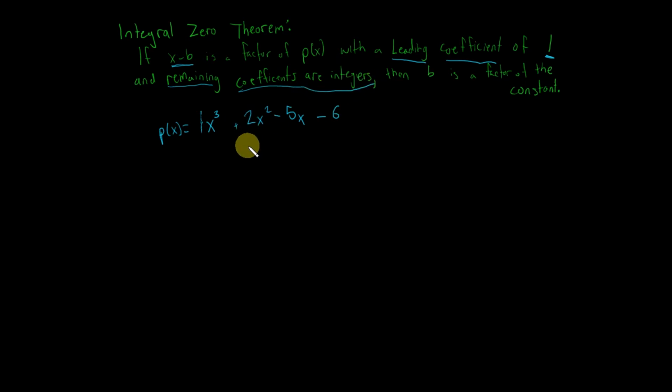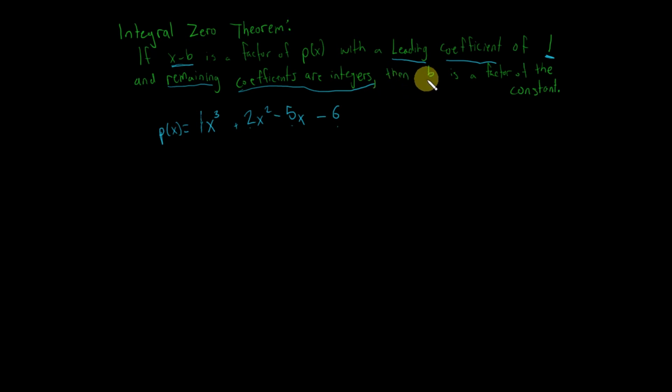This just means that all of the other ones are whole numbers. So it can't be a fraction, and it can't be something irrational with pi or cos or something. It has to be a whole number. So we've got a 2, a 5, and a negative 6. So yes, these are, in fact, integers.